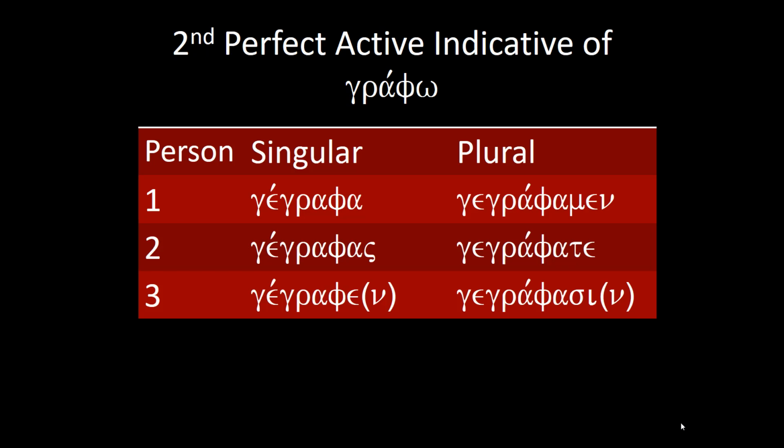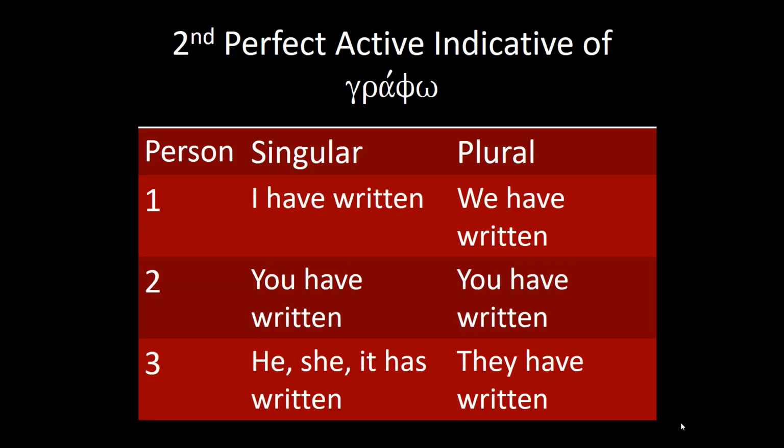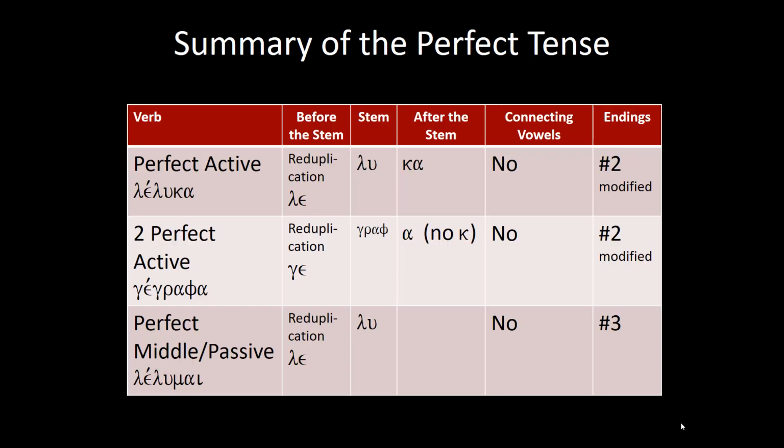Still have reduplication on the front. There's just no kappa. I have written, you have written, he, she, or it has written, we, you, they have written. So that's the second perfect active.